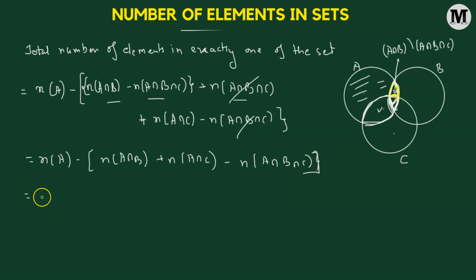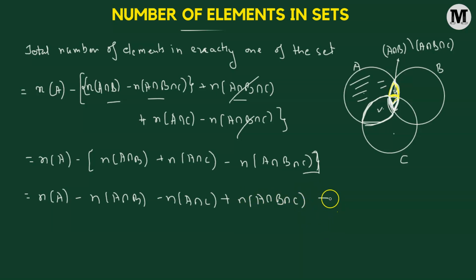Now, let's open up the brackets. So we have elements in the set A minus elements in the set A intersection B minus elements in the set A intersection C plus elements in the set A intersection B intersection C. Fine. So this is going to be number 1. So let's consider it to be the elements present in only the set A.